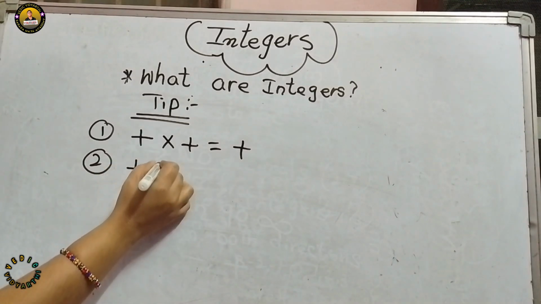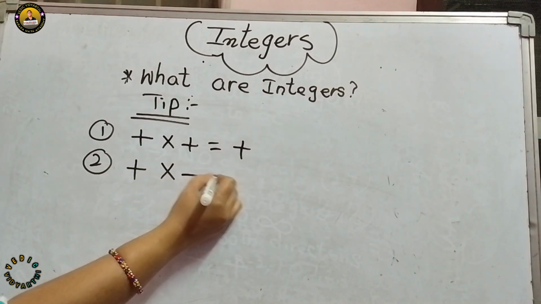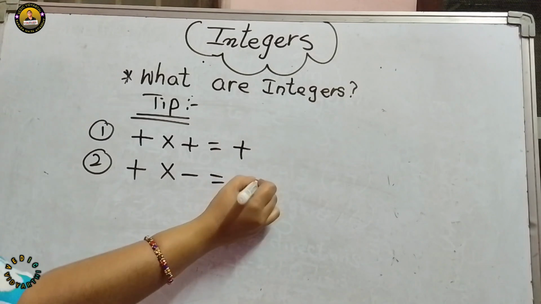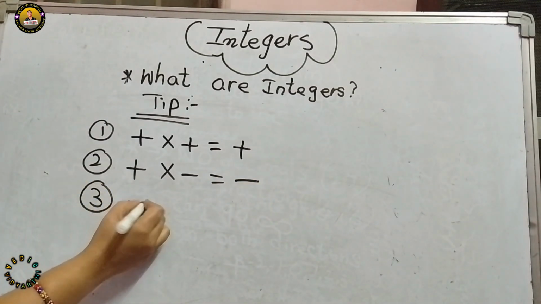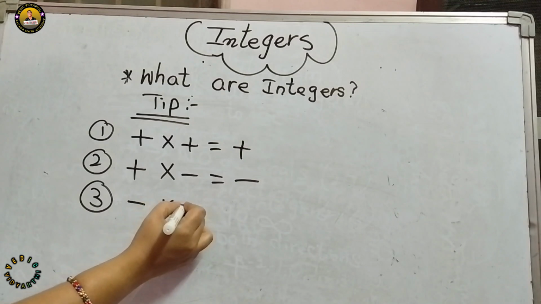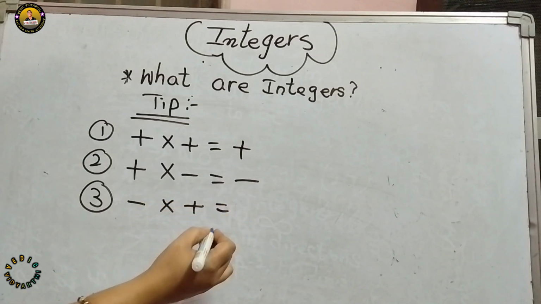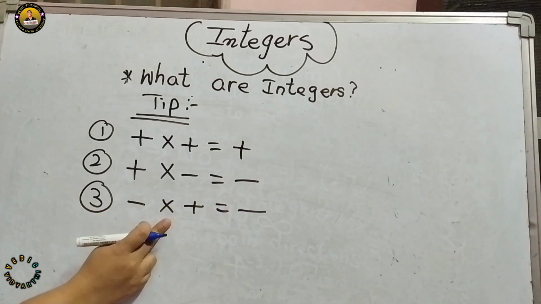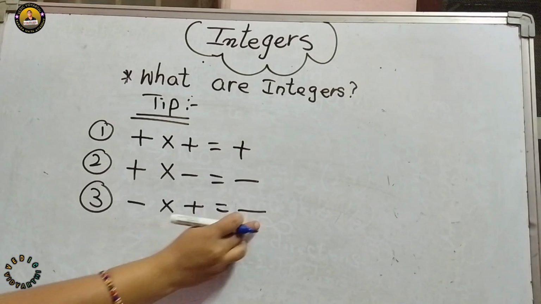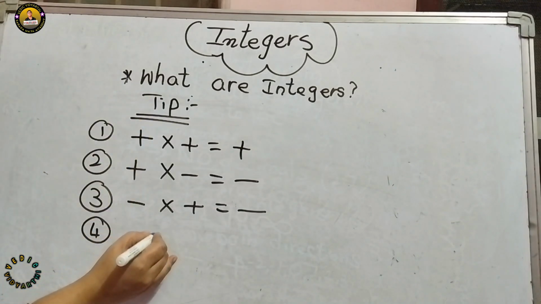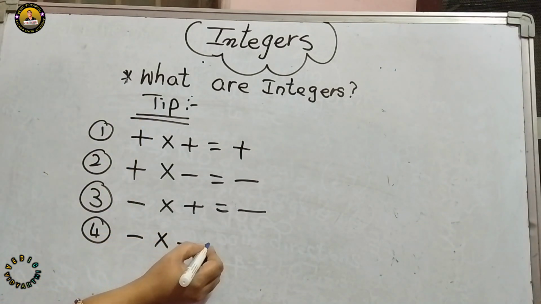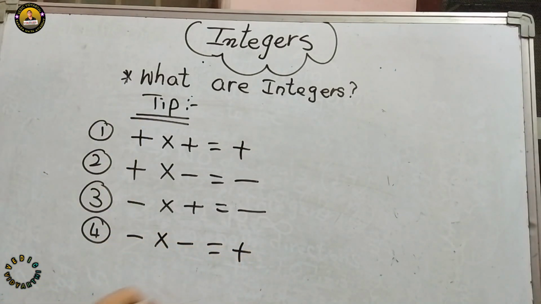Positive into negative is equal to negative. Let's go for the third. Negative into positive, we will get negative. Let's go for the fourth tip of the integers. Negative into negative, we will get positive.